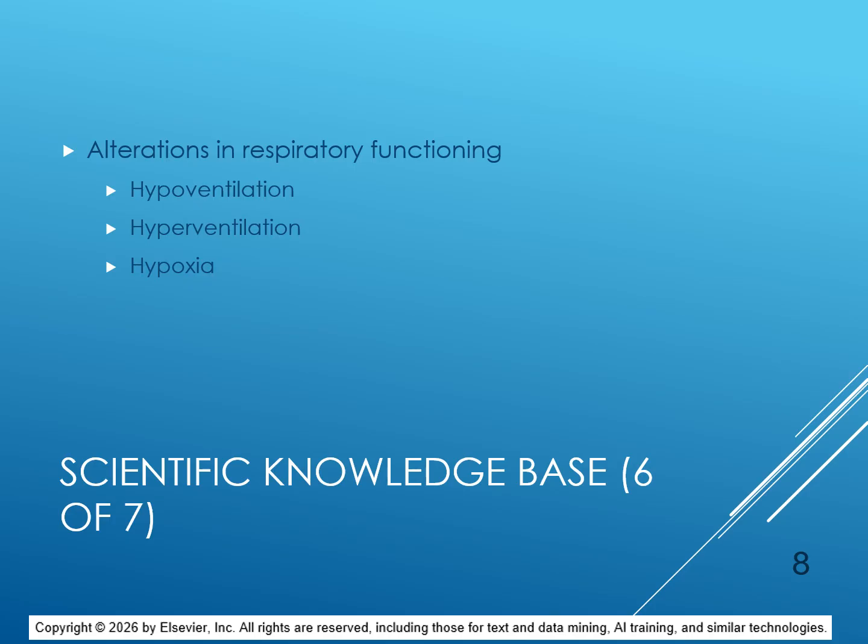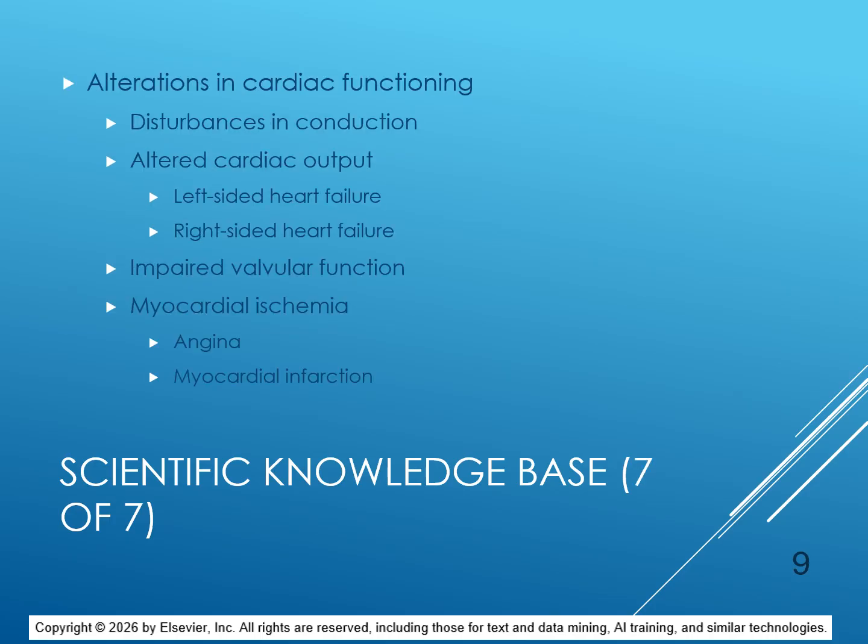oxygenation. Next slide. Alterations in cardiac functioning. So we do know that there can be alterations in cardiac functioning, right? Illnesses and conditions affecting cardiac rhythm, strength of contraction, blood flow through the heart to the heart muscle, and decreased peripheral circulation alter cardiac function.